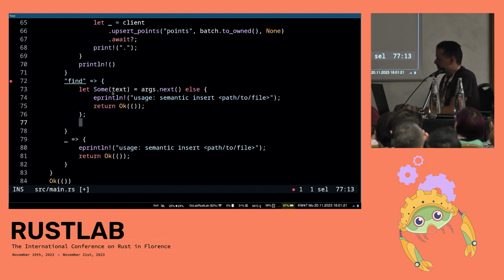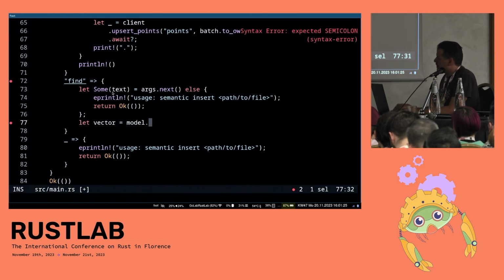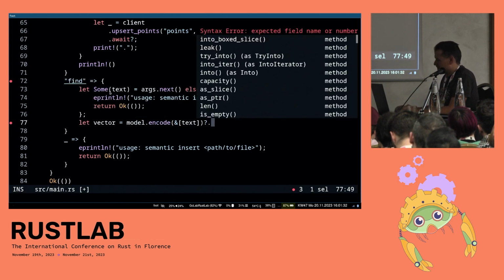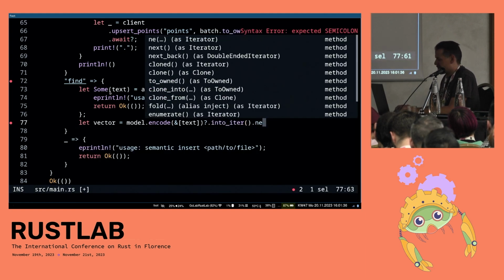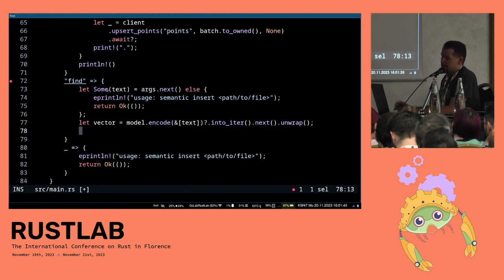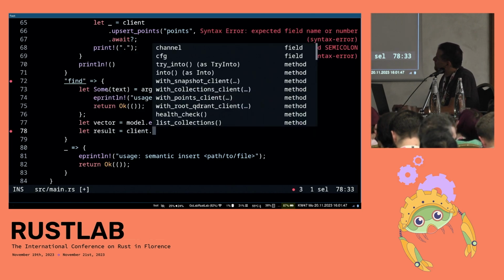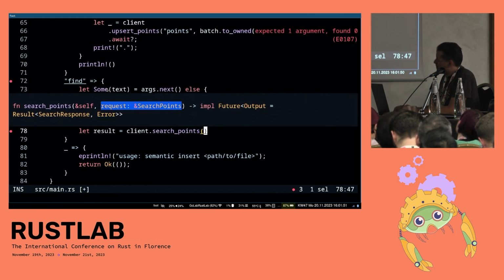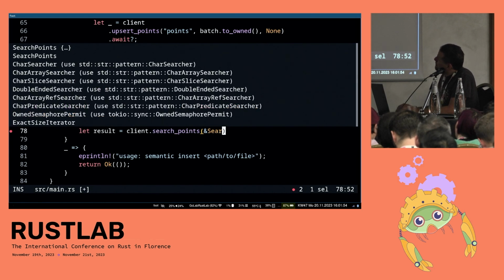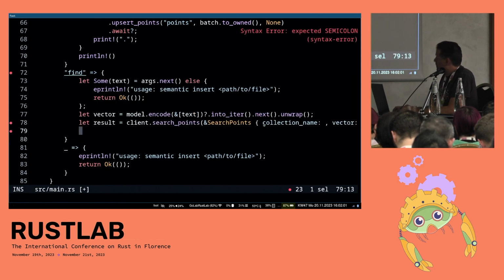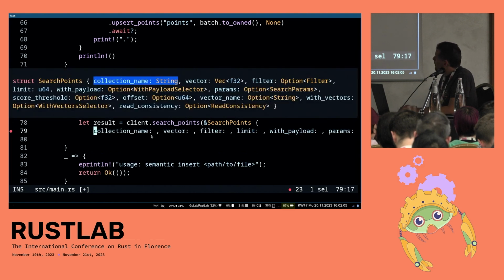Semicolon. And we will always have one vector here. I keep missing this.